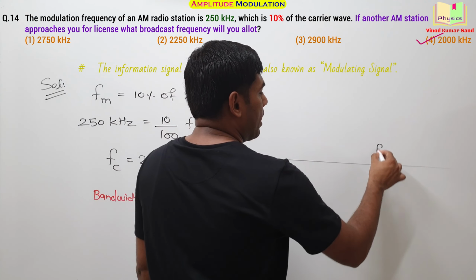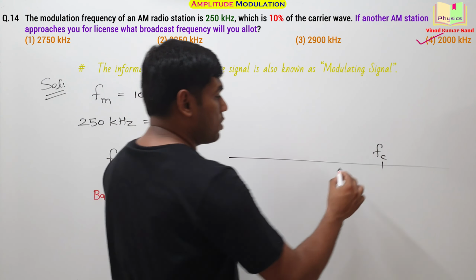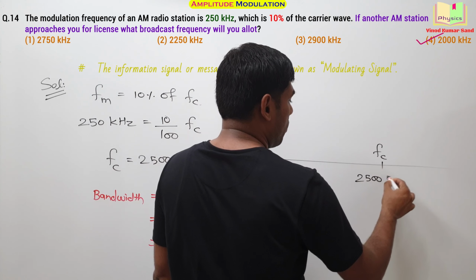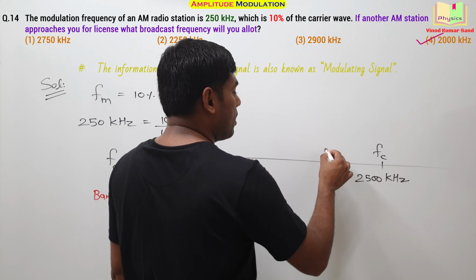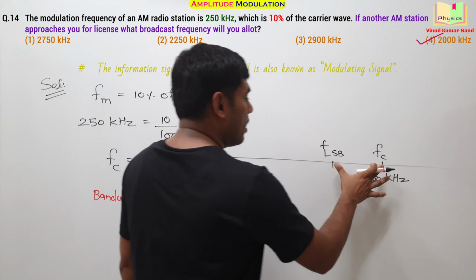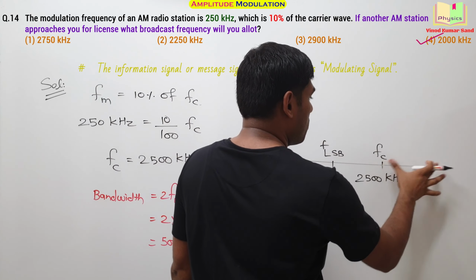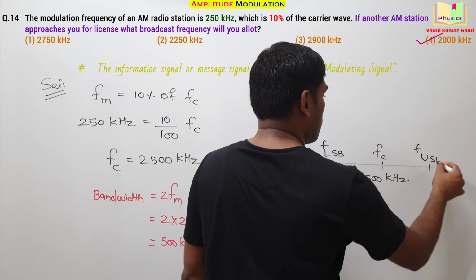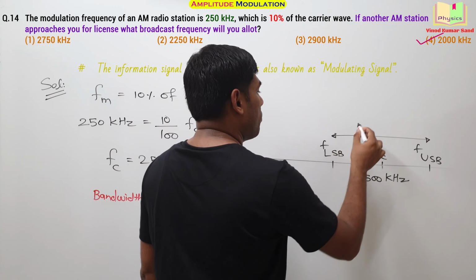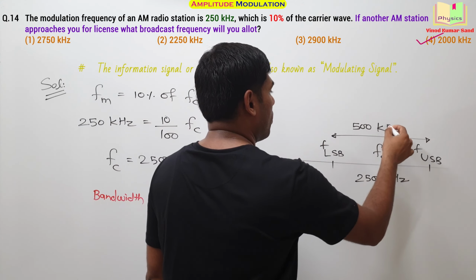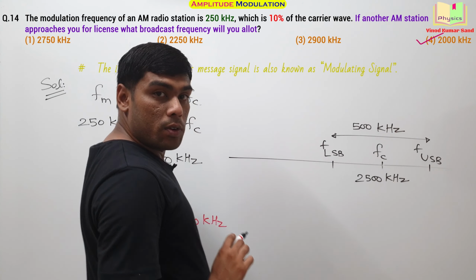Let's say we write the carrier frequency here, which is 2500 kilohertz. Okay, here will be the lower sideband and this should be the upper sideband, and this bandwidth is 500 kilohertz. Is it okay?